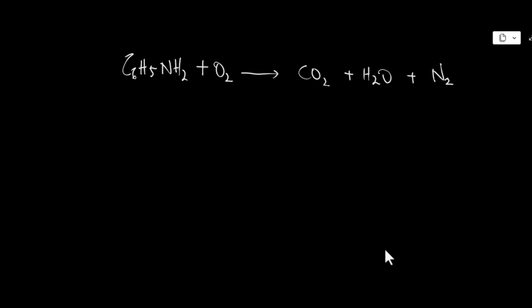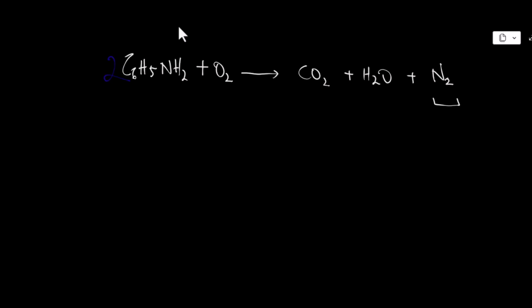Now let's balance the equation. So first of all, I'm going to start with the nitrogen over here. Nitrogen has 2 atoms on the right hand side and 1 atom on the left. So I'm going to put 2 in front of the aniline over here.